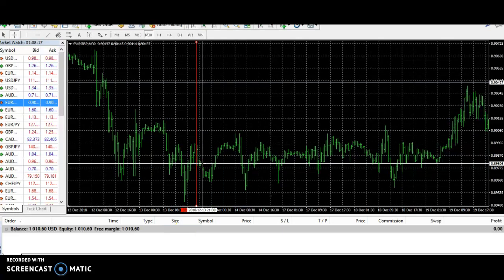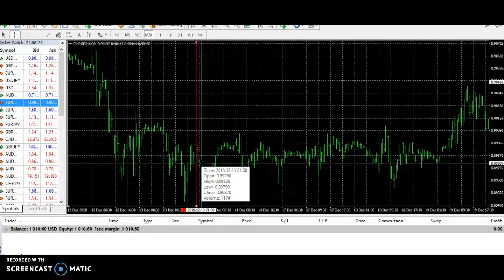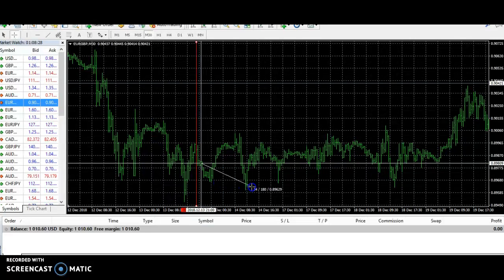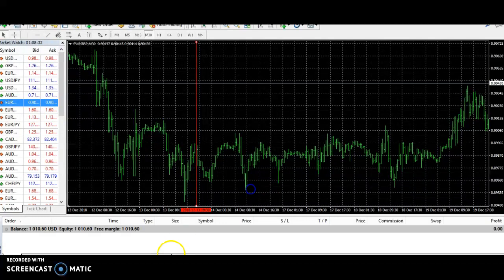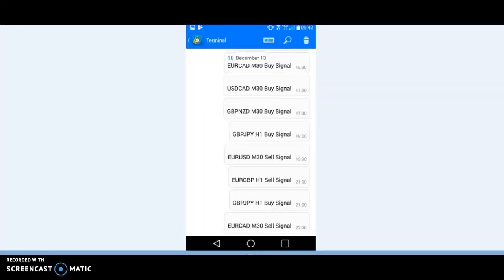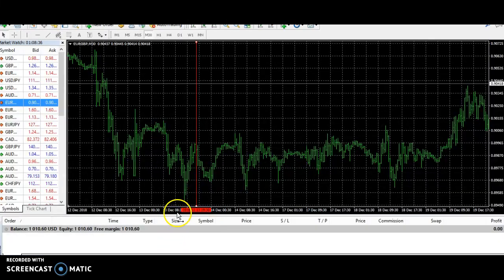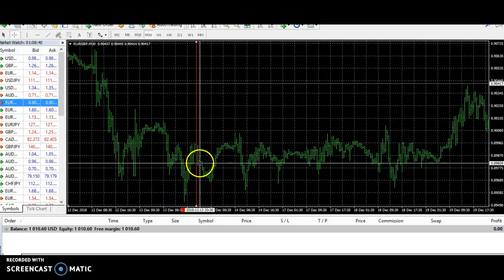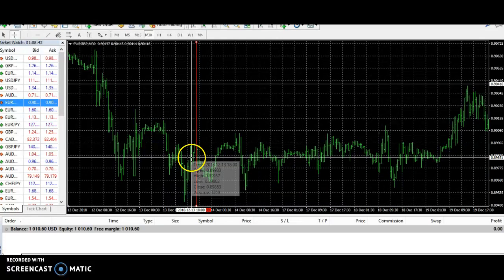So we're right here. Even though this is on a 30-minute chart, we have almost 20 pips, almost, on the sell. So I definitely would have made it, and I would have definitely put a 15 pip trail stop on that.